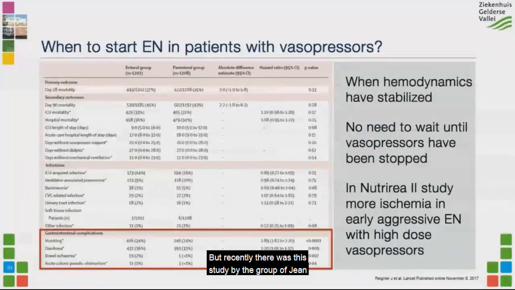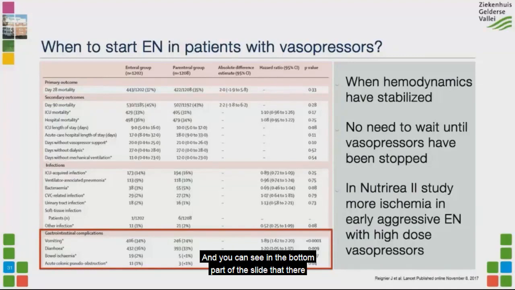But recently there was this study by the group of Jean Reignier from France, published in the Lancet, and in this study, the NutriRea 2 trial, they compared enteral nutrition to parenteral nutrition. And in this study, all the patients were on vasopressors.